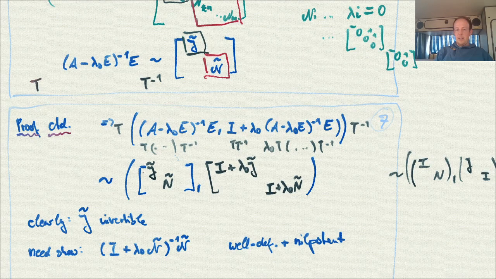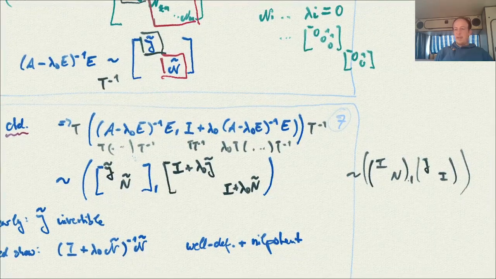So it's easy to first invert, applying a J tilde to the minus 1 here. This will affect this here, so here we will have J tilde to the minus 1 times I plus lambda 0 J tilde.